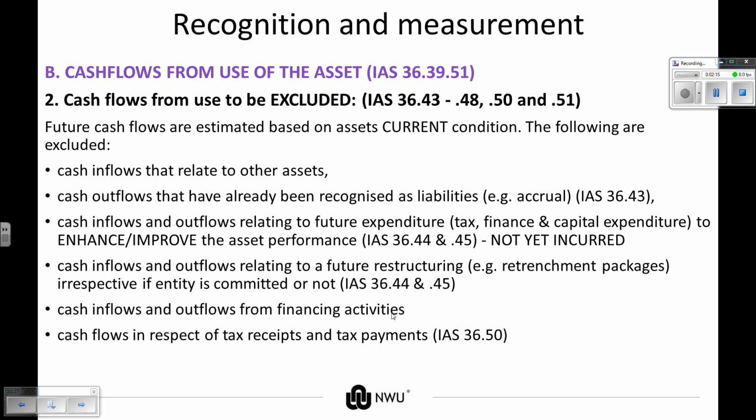Cash in and outflows from financing activities, so we will never take into consideration any financing activities, as the cash flows will be discounted using a discount rate that will take into account time value of money. And then all tax amounts will be excluded, as the discount rate that we use is always a pre-tax discount rate.